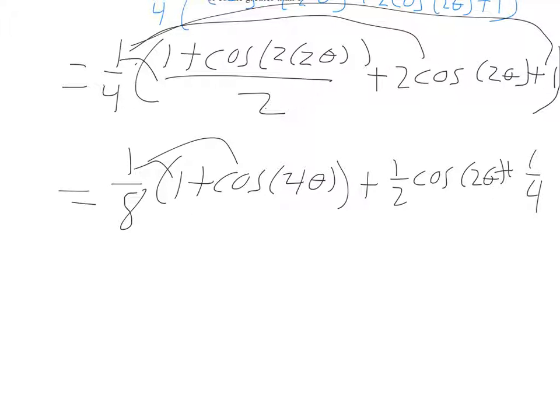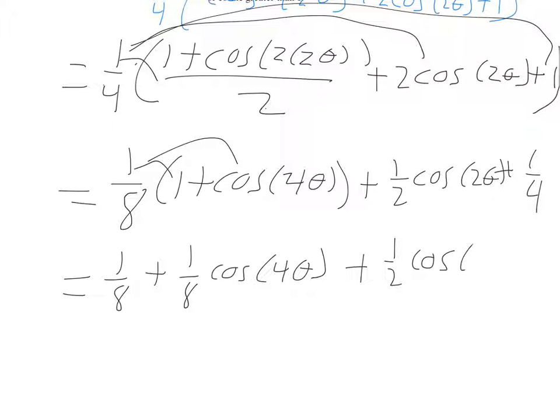Distribute the 1/8 into here. We have 1/8 plus 1/8 cosine of 4 theta plus 1/2 cosine of 2 theta plus 1/4. Now 1/8 plus 1/4. Remember, 1/4 can be rewritten as 2/8. 2/8 plus 1/8, that's 3/8.